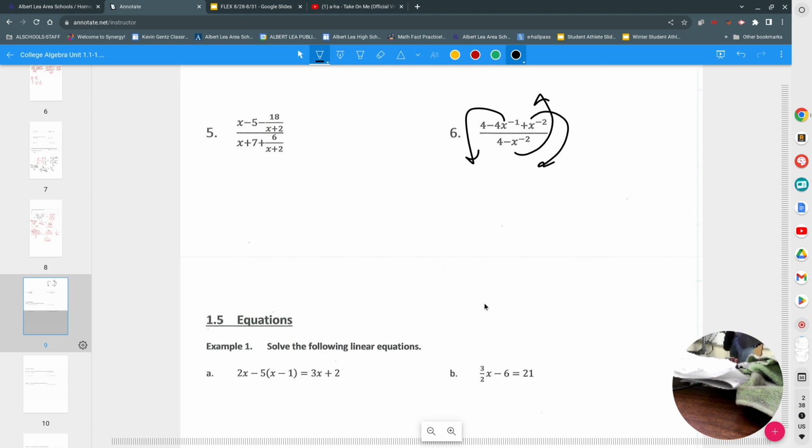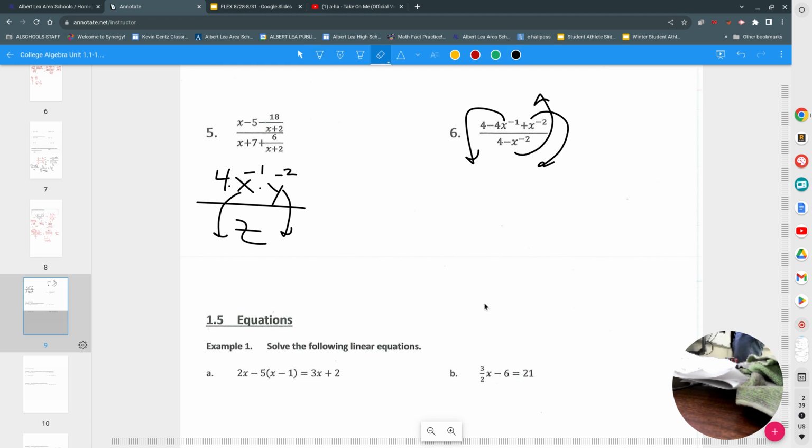The difference is if you had, say, 4x to the -1, y to the -2 over z, something like that, you can move those down in that situation because it's all written as multiplication. This is not all written as multiplication. It's written with addition and subtraction.